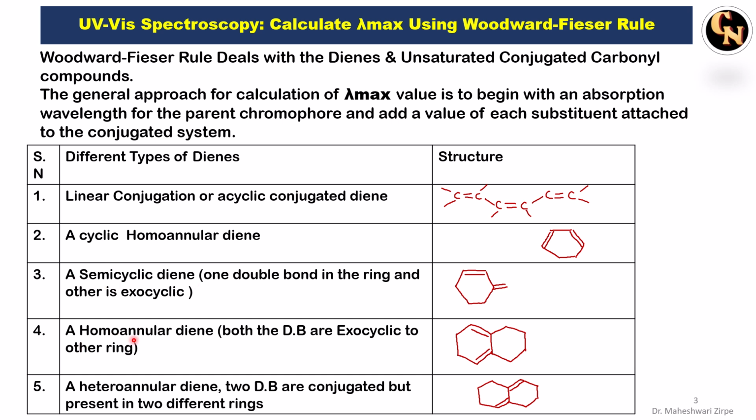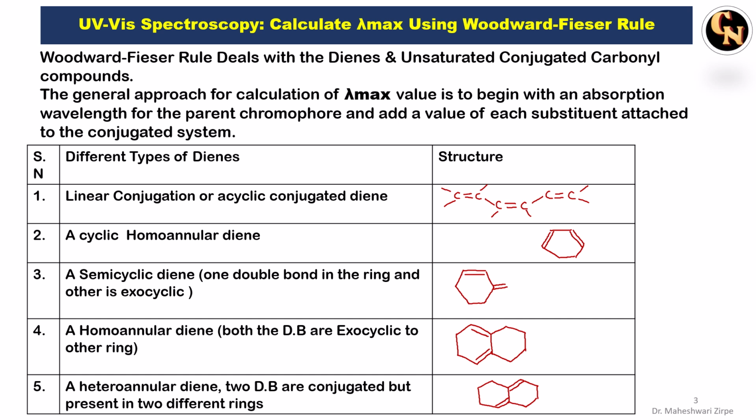Then next one is where you will find there are two rings, and both the conjugations are actually exocyclic to the other ring, that is ring number 2. Let me write it here.